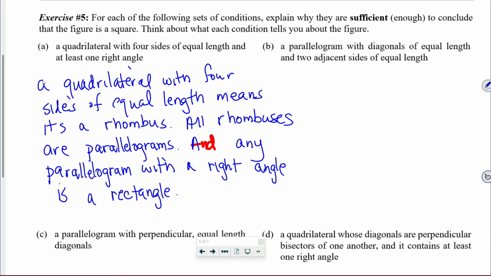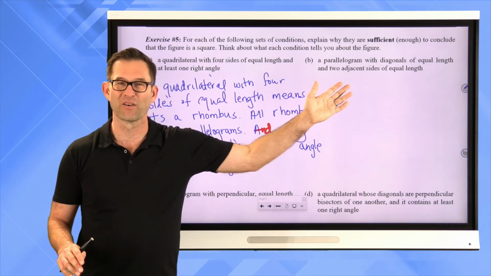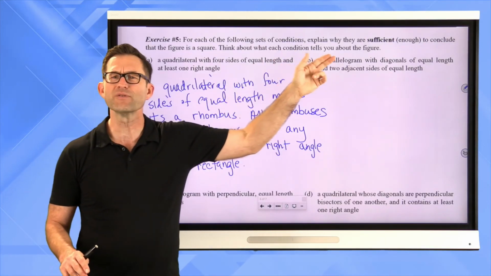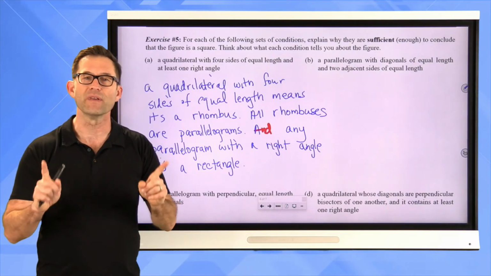A parallelogram with diagonals of equal length and two adjacent sides of equal length. All right, well, this is great. Now at least we're starting off with a parallelogram, right? We're not starting off with just a random quadrilateral. So let's first take a look at that first piece, a parallelogram with diagonals of equal length.